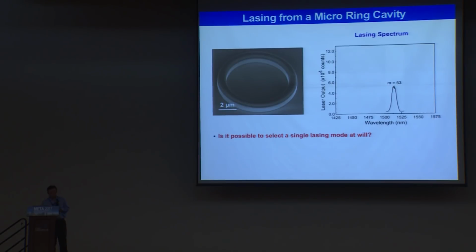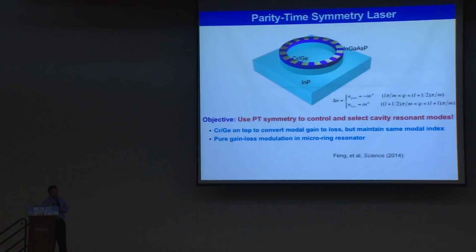So how do we do it? Well, the idea is to modulate gain and loss along the circumference of this ring. So we deposit this pad of metal that acts as an absorber, a loss element.